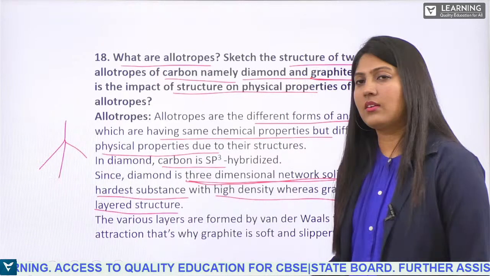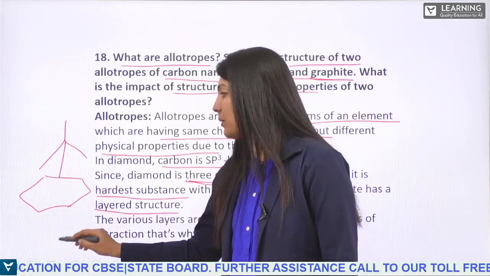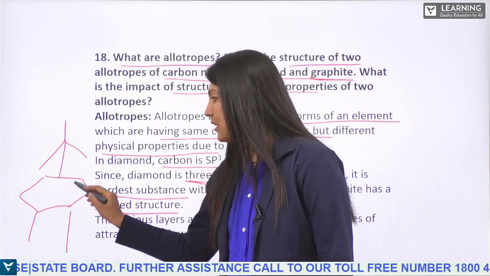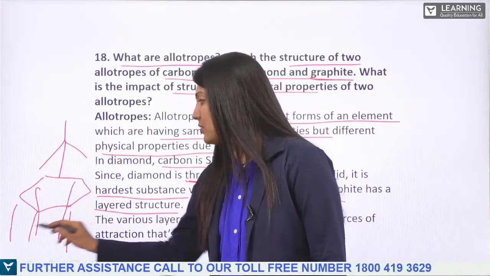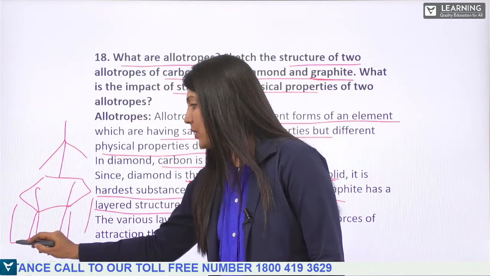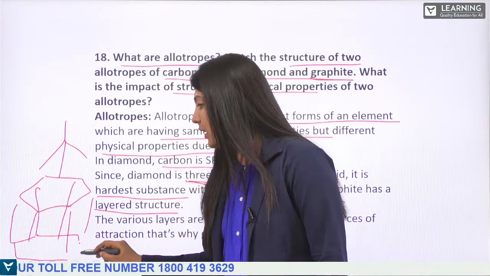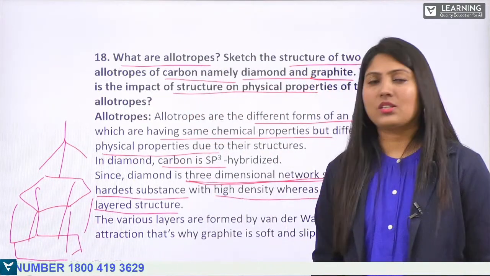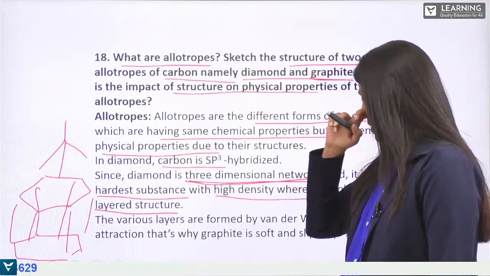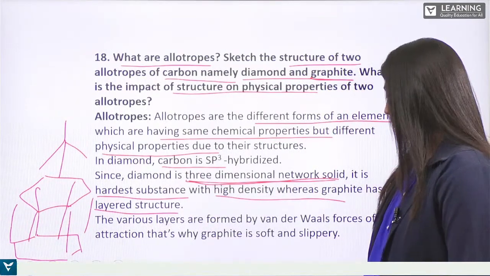Graphite will have the layered structure as we saw in the previous class. You can see it will have the layered structure like this. One layer here, one layer on the other one. The hybridization differs.